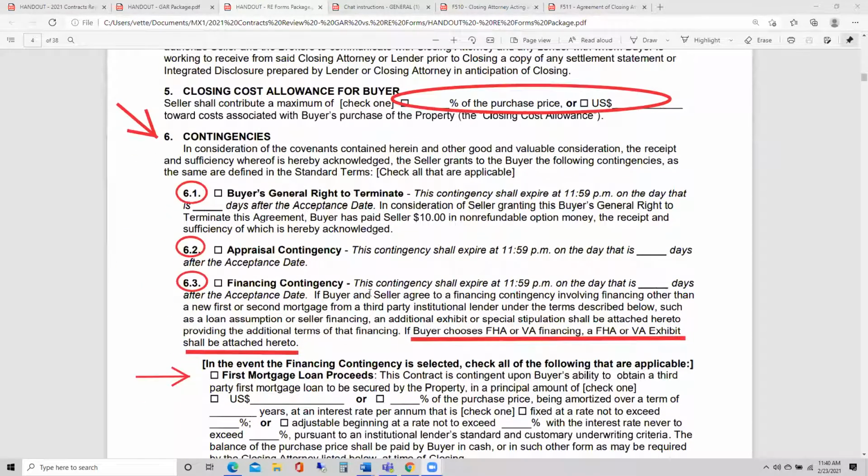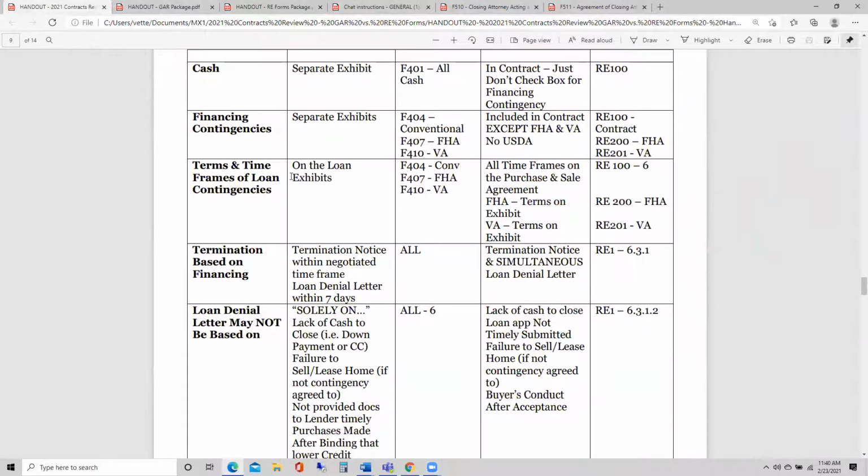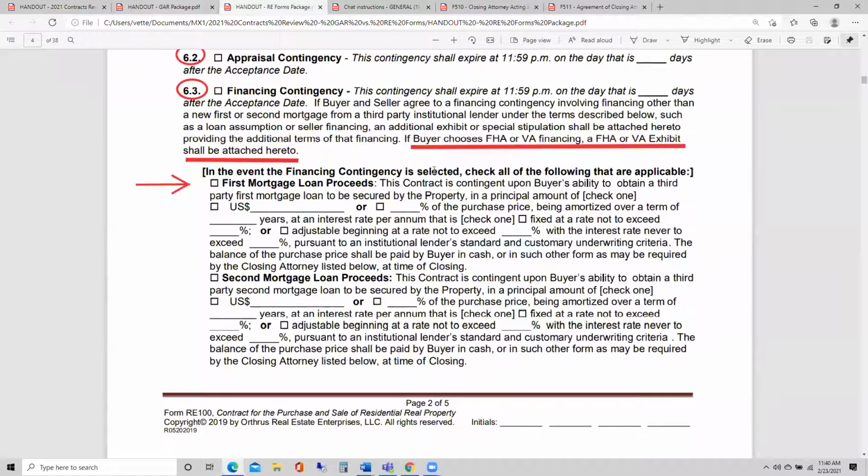And for the financing contingency, the time frame is that this contingency shall expire at 11:59 p.m. on the day that is X number of days after the acceptance date. So there's the time frame. And the terms under the RE Forms, here's where you fill in the terms, the amount of the loan, the interest rate, the number of years, so forth and so on.